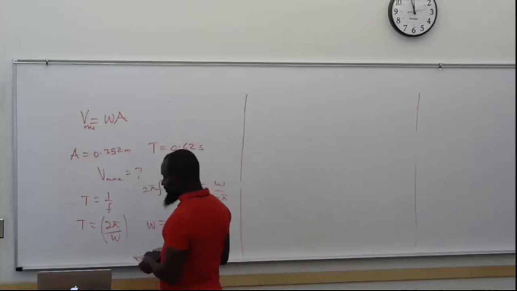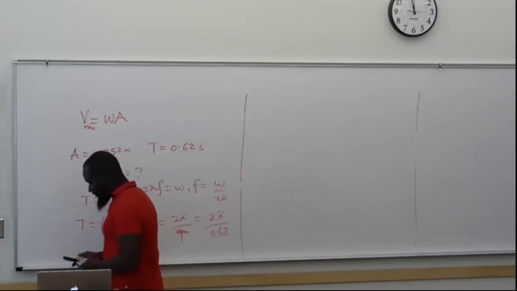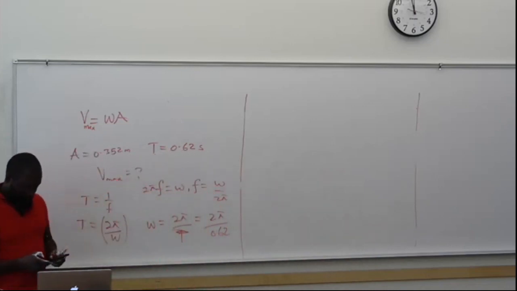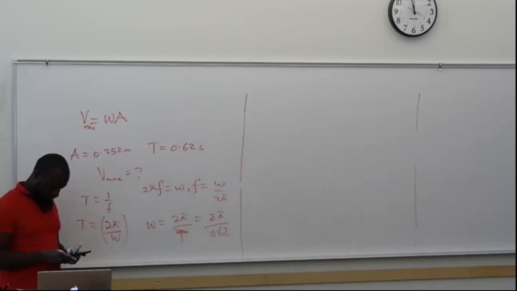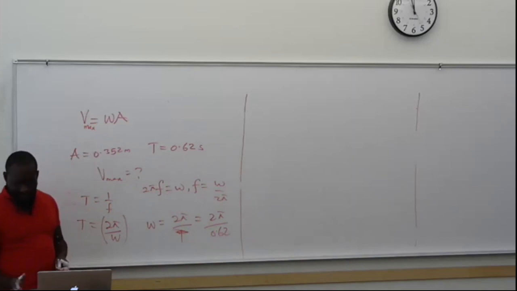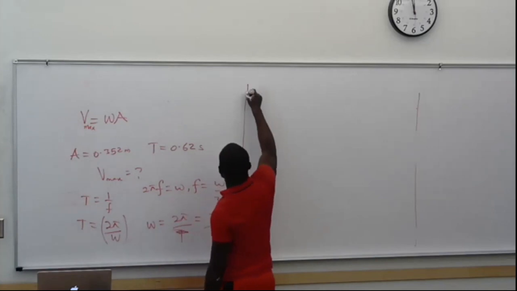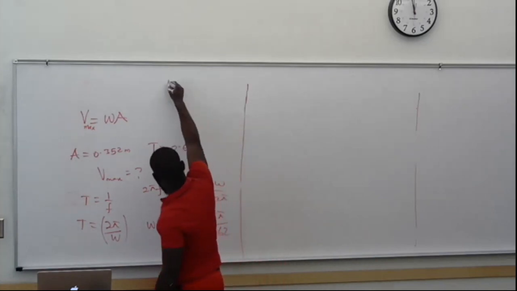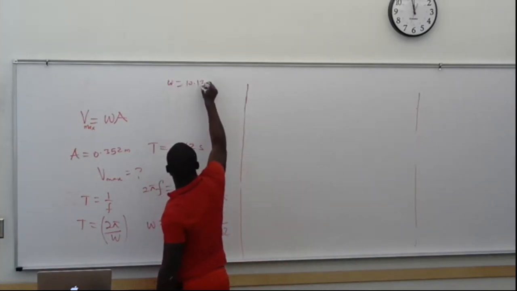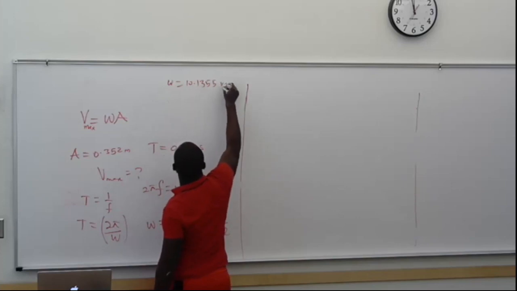So I do that, 2 pi over 0.62. So my omega is 10.1355 radians per second.